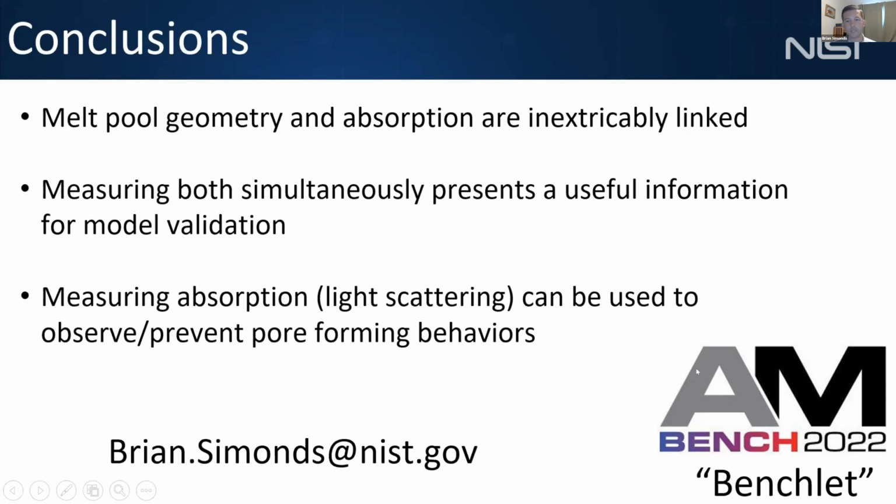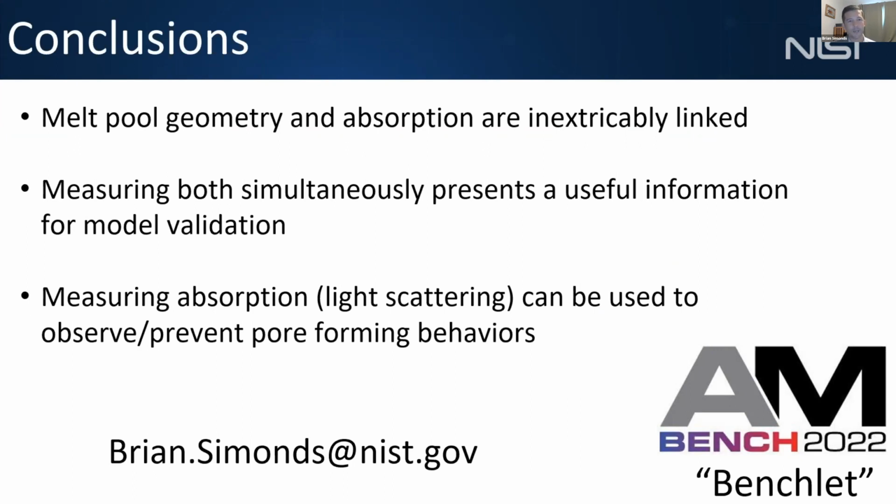So the last thing I'll mention is, Eddie had mentioned the AM Bench that's coming up in 2022. This is run by Lyle Levine in Gaithersburg. This data, this combination of absorption and X-ray imaging, is going to be its own kind of standalone challenge for the AM Bench, what Lyle's calling a benchlet.